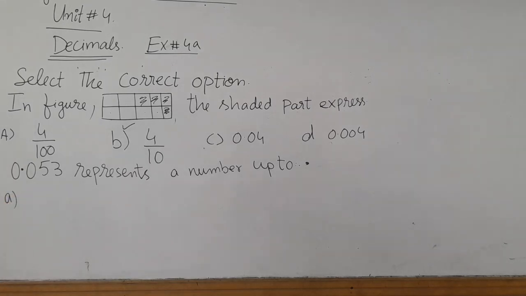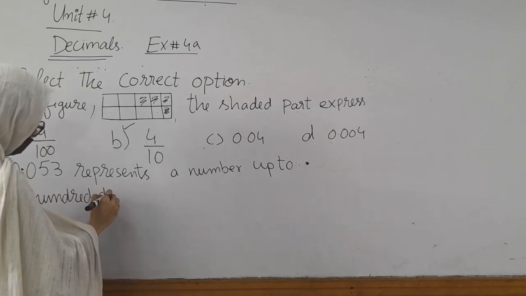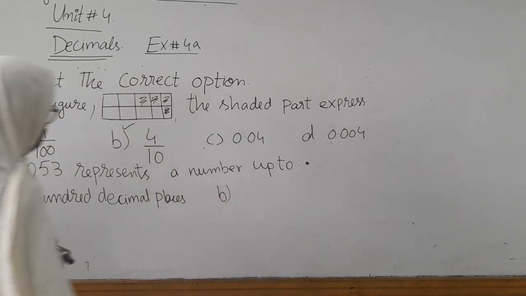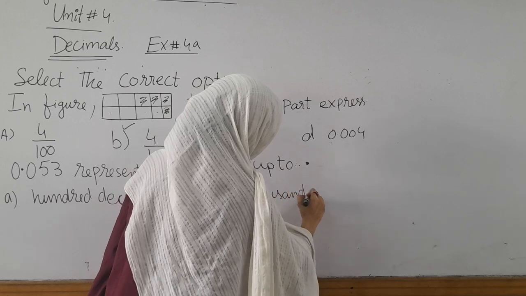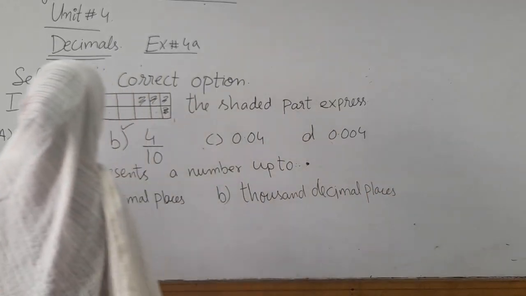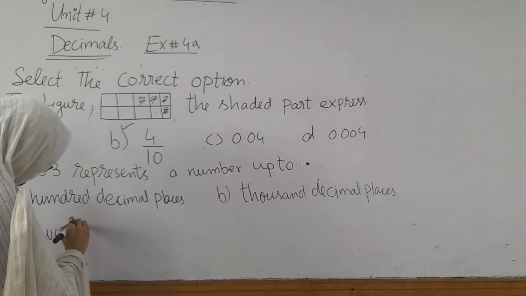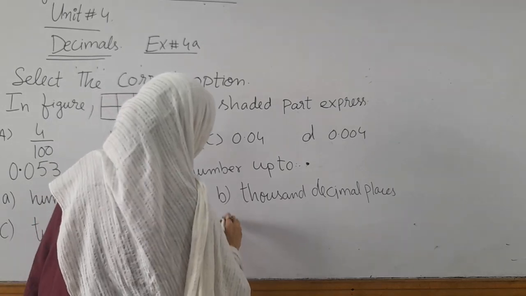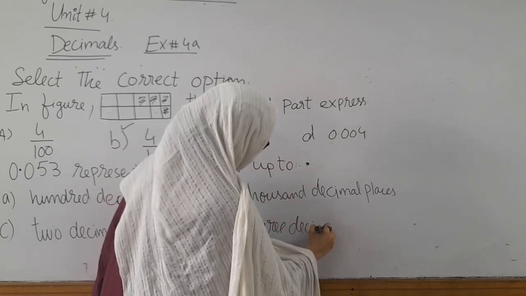So the options are 100 decimal places, and in B option we have 1000 decimal places, and in C option we have 2 decimal places, and in D option we have 3 decimal places.